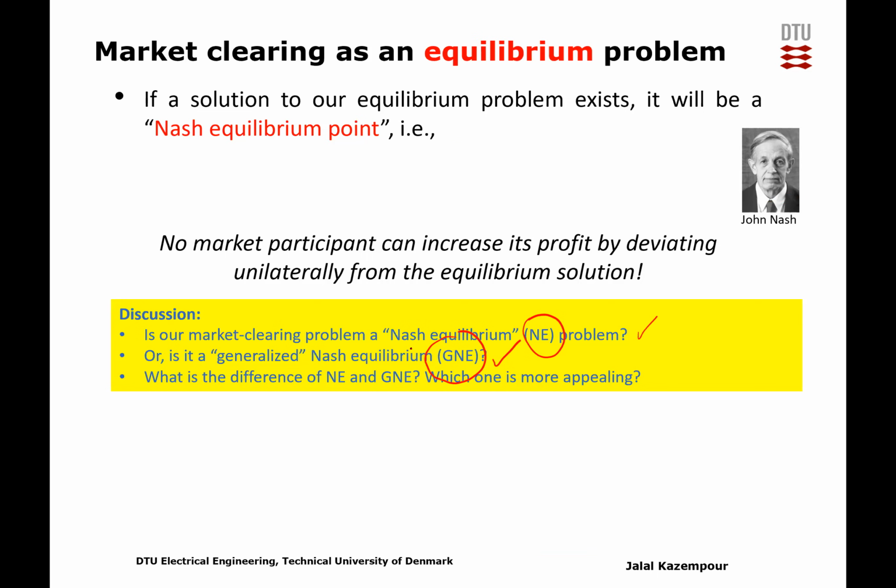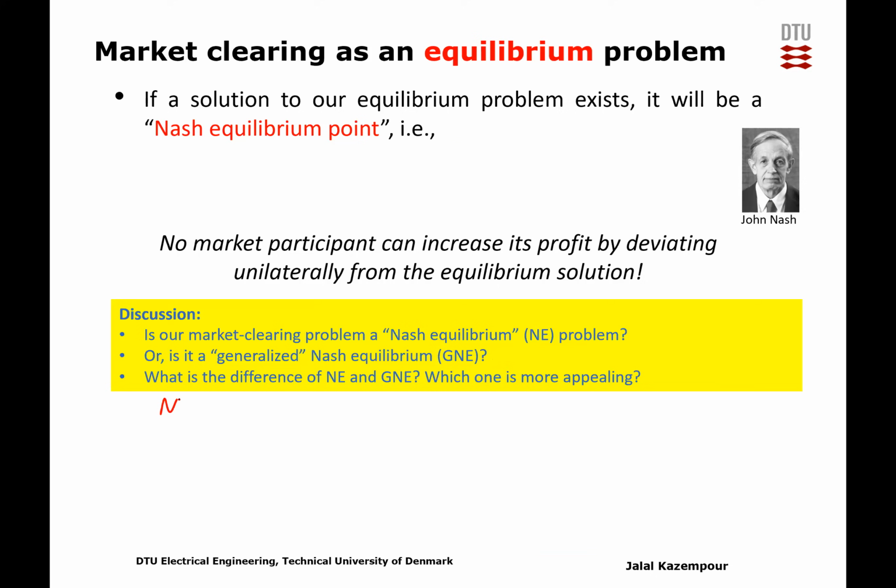I don't know how many of you know about these notions. I will explain it in a minute, but does any of you know the difference between NE and GNE? Very good, so there is something new that you can learn now. Okay, good. I got a lot of no, so I'm happy.